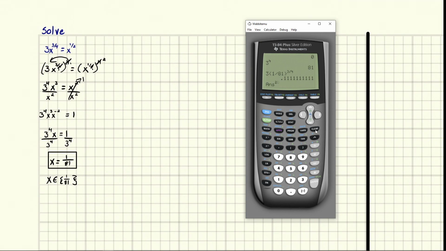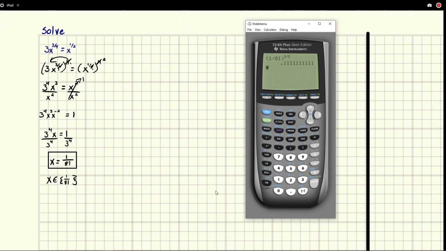Nope, I don't want the square root of the answer. So we're going to take 1 over 81 and take the square root of it, or the 1/2, it's the same thing. We get the same thing, so we see that our answer checks. You'd probably want to write this down on your paper to show that you checked it. It checks out, and we're very confident this is the answer.